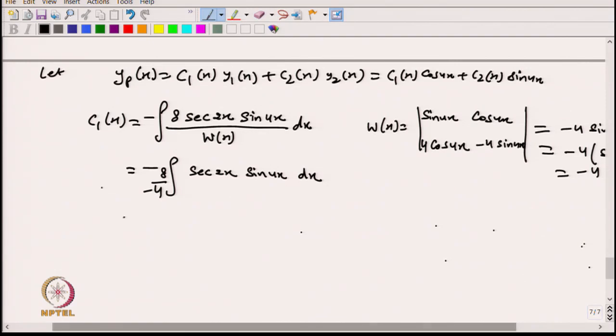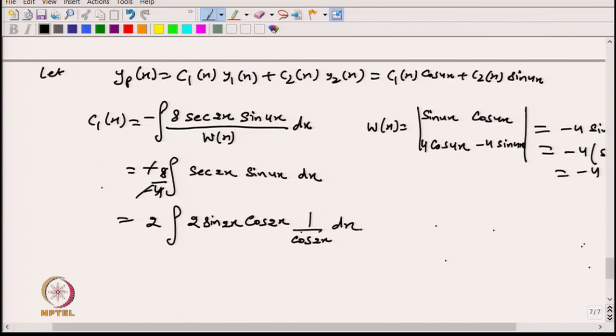So, sin 4x can be written as 2 sin 2x cos 2x, into secant, and secant can be written as 1 over cos 2x, dx. So, this will cancel out and I will get 4 sin 2x dx.